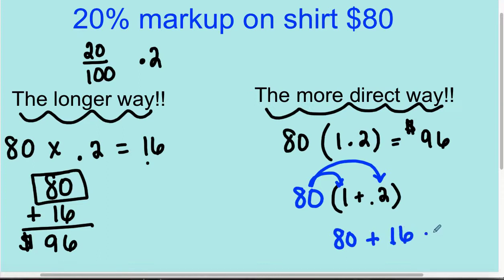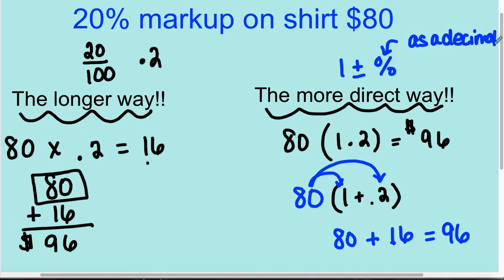You're adding them together, and that's how you're getting directly to your answer. So I just find it more direct when I'm looking for markup or markdown to do 1 plus or minus the percent, and the percent you want to write as a decimal. Makes it a little bit easier.